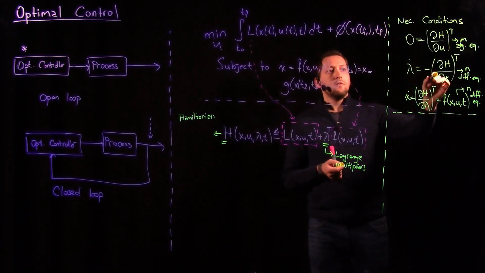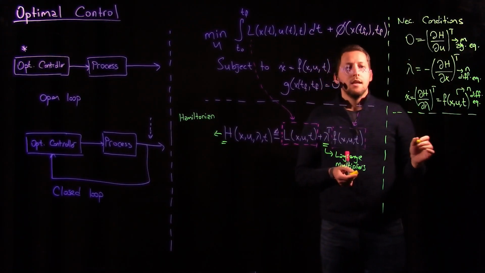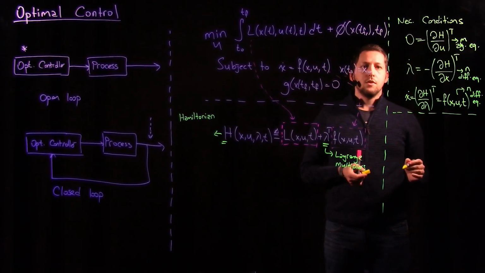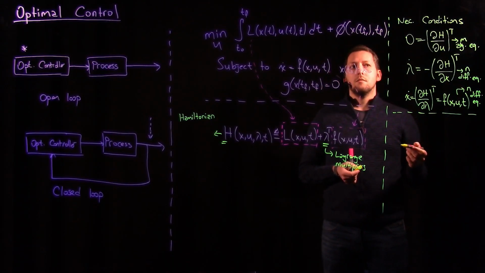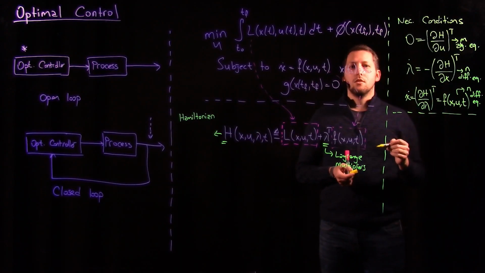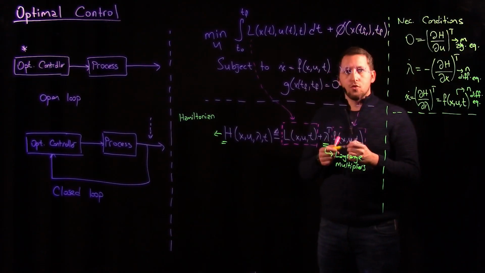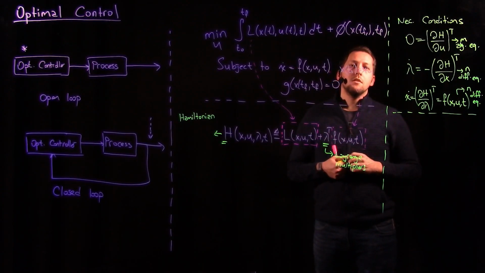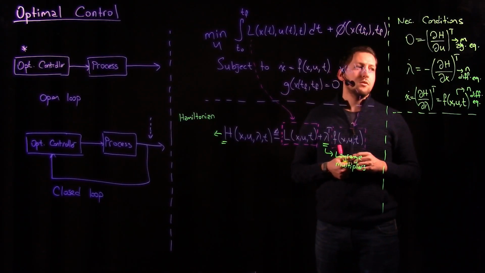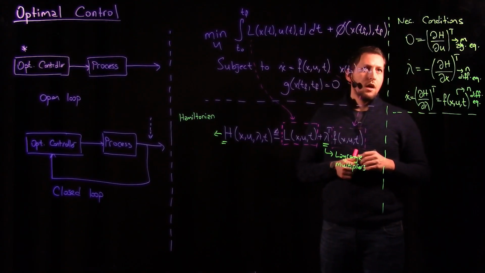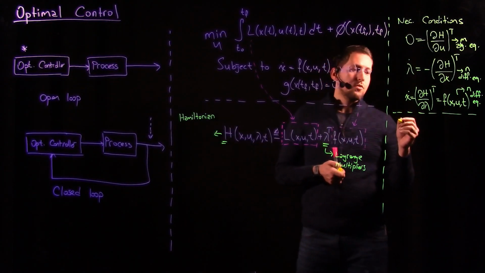So this means that we have 2n equations in hand, and in order to get the solution for this, we also need at least 2n boundary conditions. And with respect to Pontryagin's maximum principle, we are also able to derive these conditions. I am also going to write this down here.